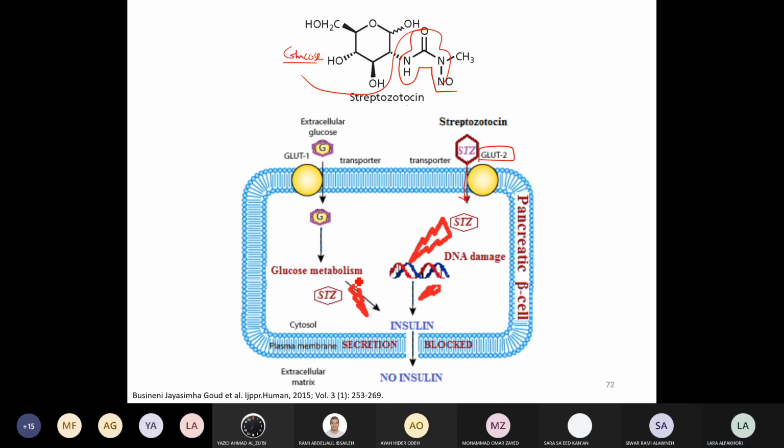Now, what kind of alkylation does it do, and do you think it can cross-link DNA? Let me go back and remind you of the mechanism that happens.